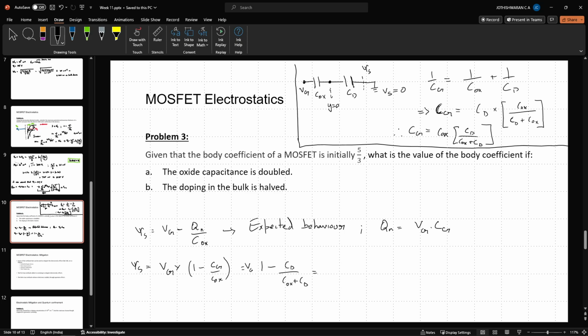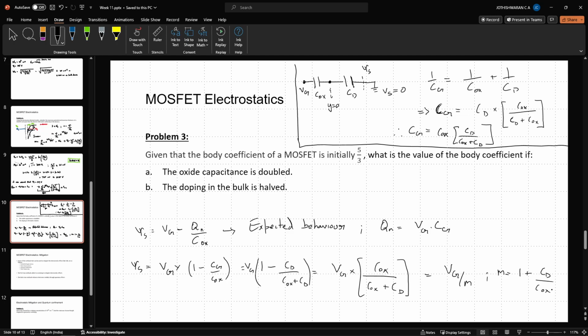So this is going to be Vg times Cox by Cox plus Cd, and this is equal to Vg by M, where M is equal to 1 plus Cd by Cox.